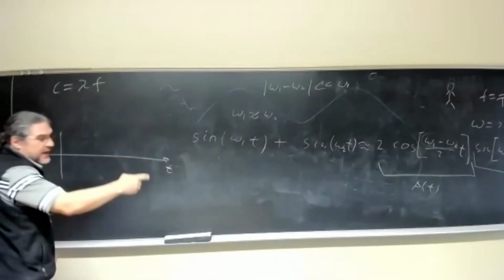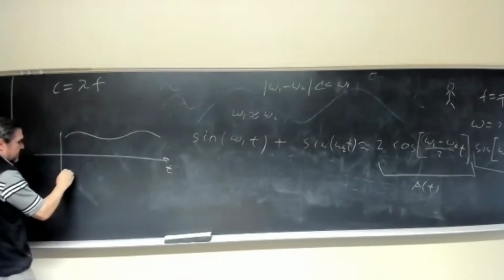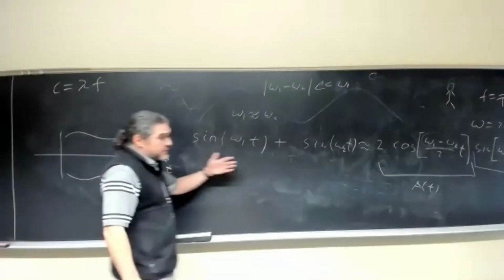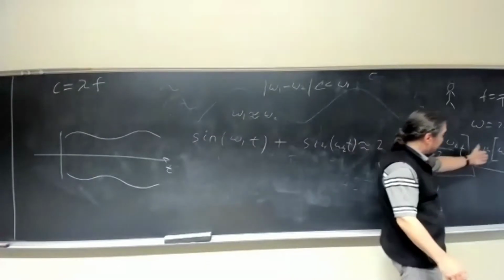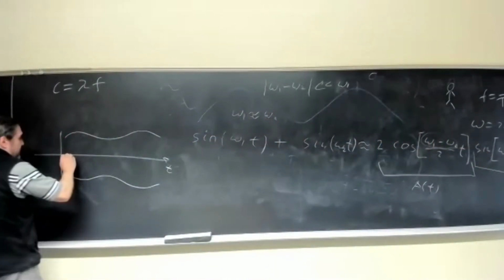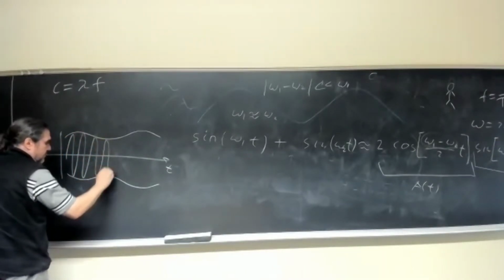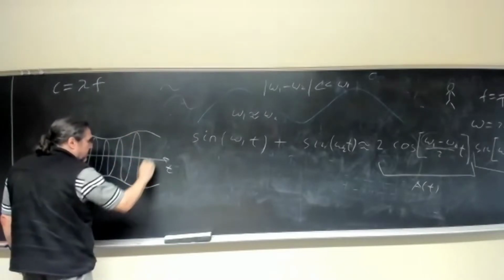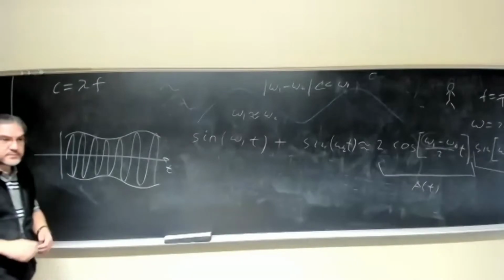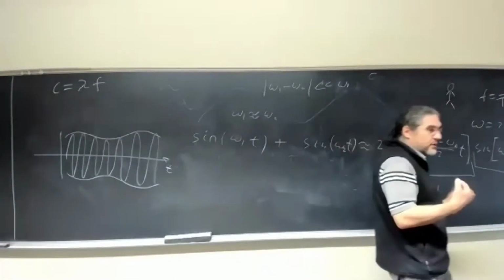I first draw the amplitude like this, and on that amplitude I have this fast oscillating function, which has this amplitude. Like this. So that will be the picture of two sound waves coming with almost the same frequency.